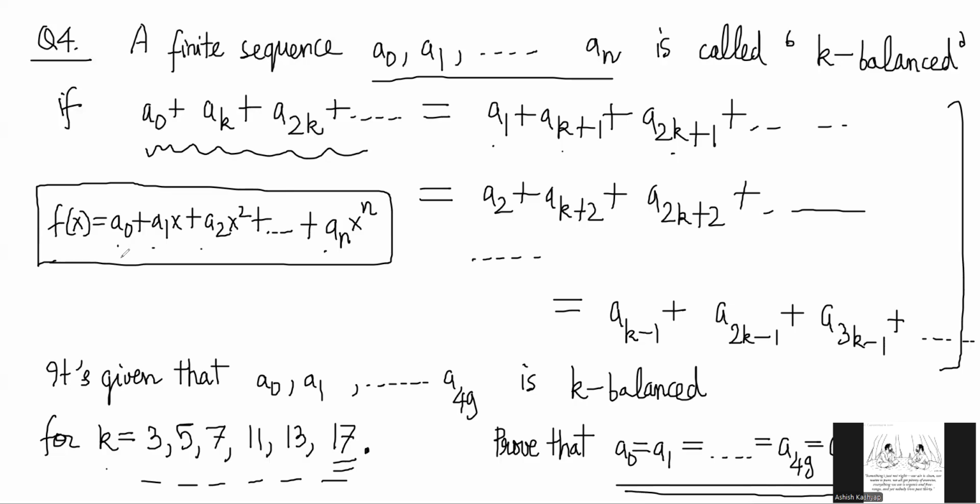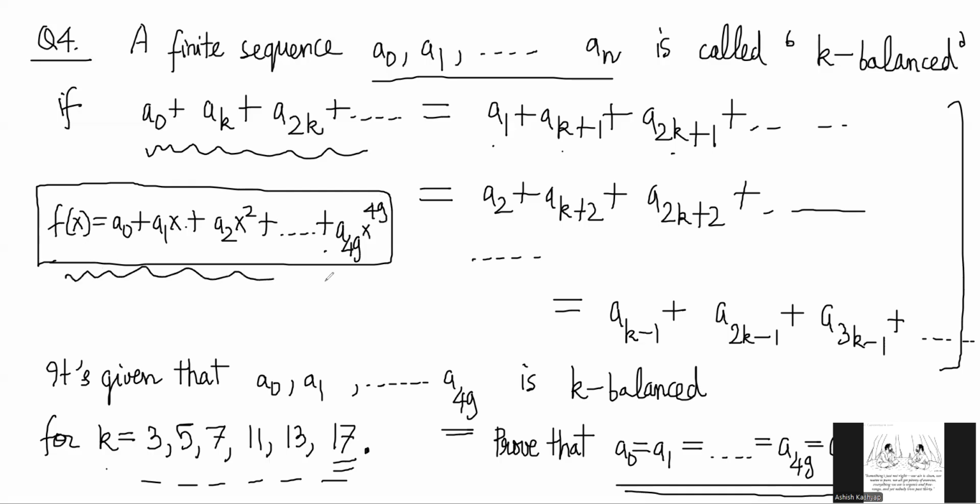Now, our sequence was up to 49 terms here. So the polynomial for us would be A0, A1x plus A2x squared till A49 x power 49.